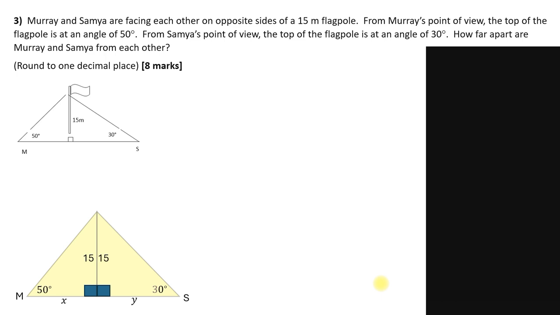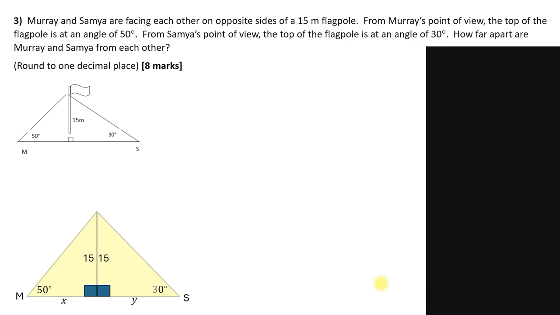Murray and Samia are facing each other on opposite sides of a 15-meter flagpole. From Murray's point of view, the top of the flagpole is at an angle of 50 degrees. From Samia's point of view, the top of the flagpole is at an angle of 30 degrees. How far apart are Murray and Samia from each other?